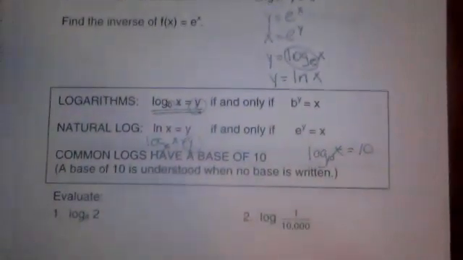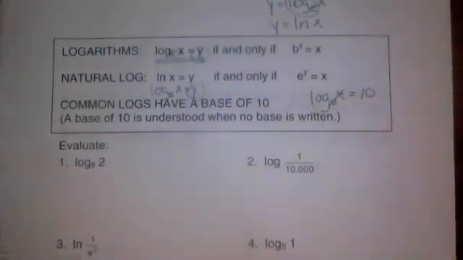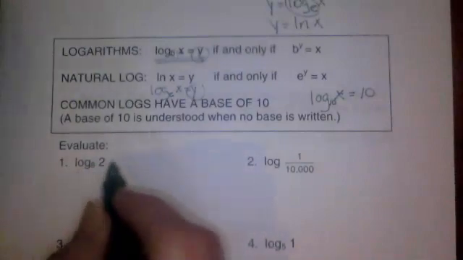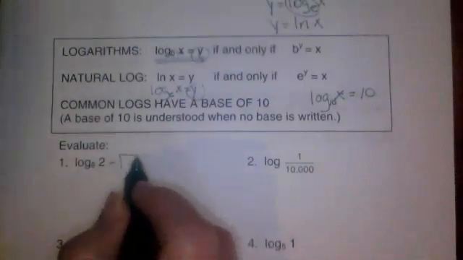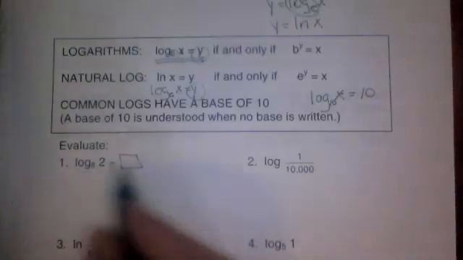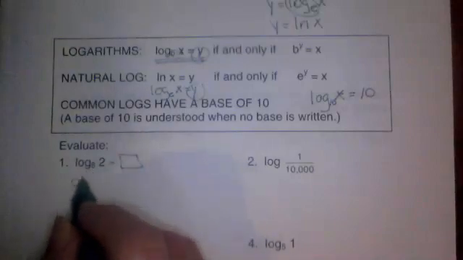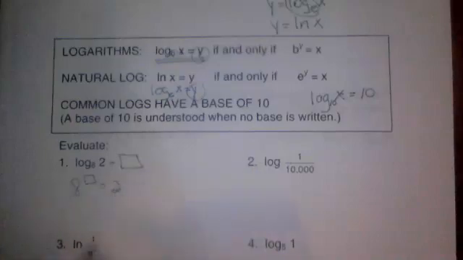All right, so all we're going to do is practice rearranging here. So we know that these are equal to some value over here. And instead of putting an x or y, I think I'll just put a box. So if I were to rearrange this back to exponent form, it would be 8 to some power equals 2.